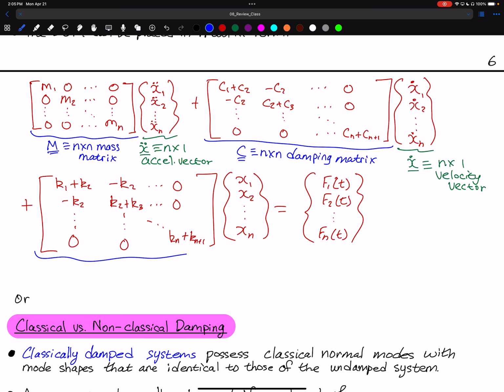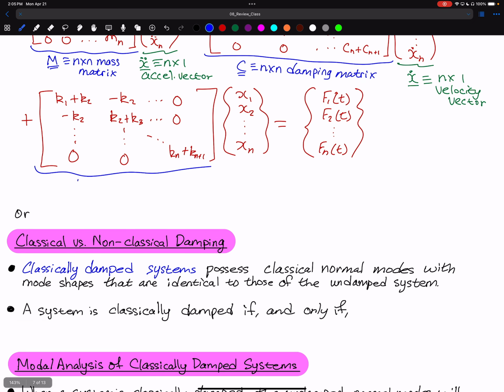So lastly, we have our stiffness matrix, or capital K, which is an n by n stiffness matrix. X will be the n by 1 displacement vector.